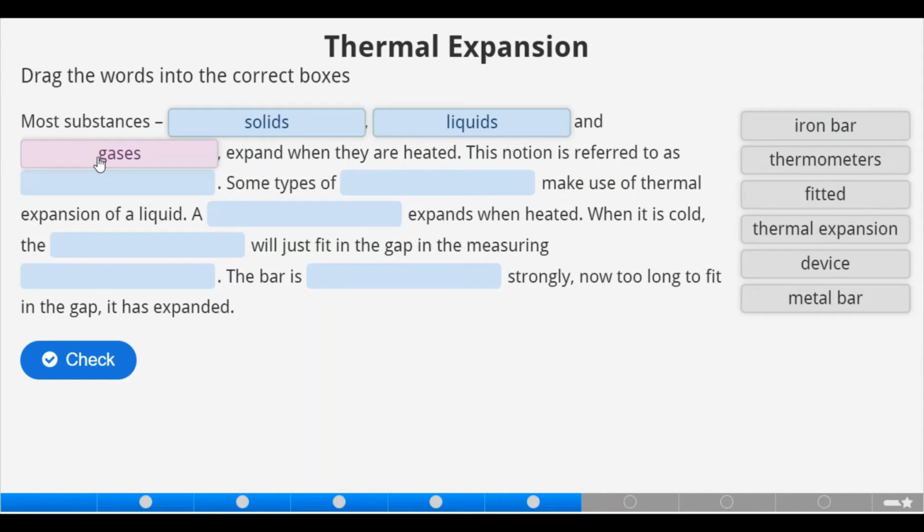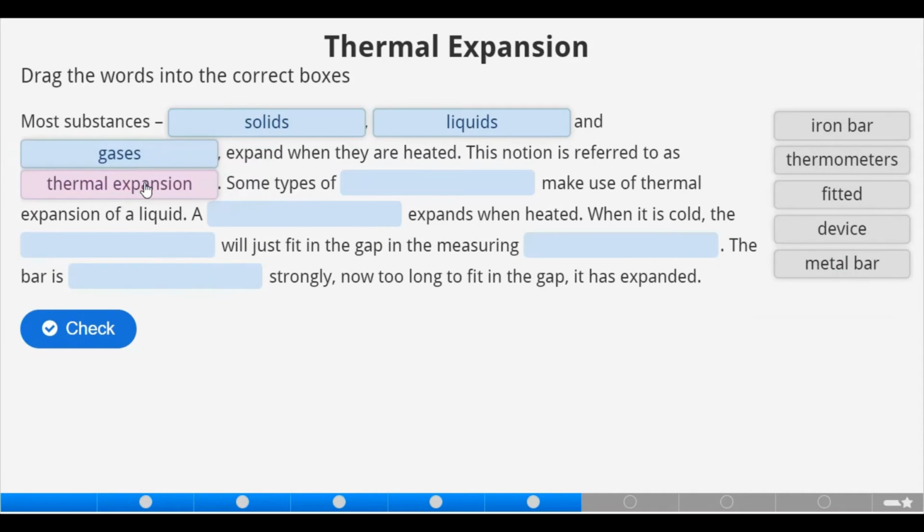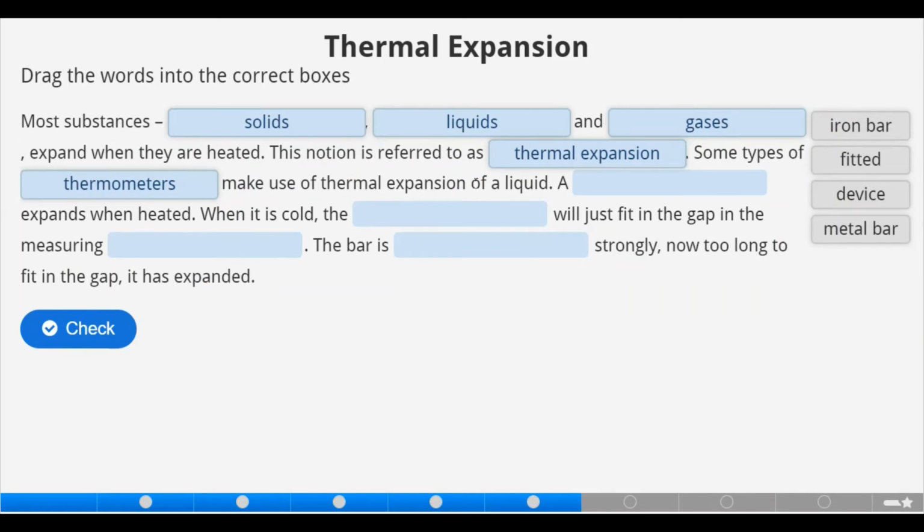Expand when they are heated. This notion is referred to as thermal expansion. Some types of thermometers make use of thermal expansion of a liquid.